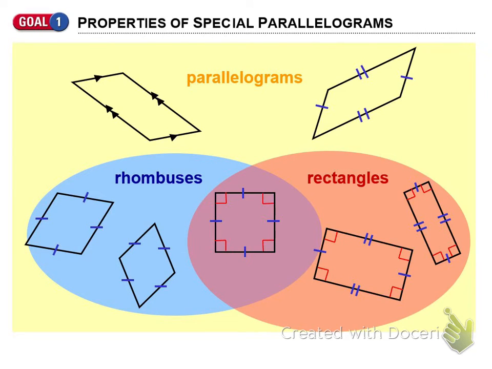Rectangles have all right angles. They have extra properties in addition to the original 4. And a square is both a rhombus and a rectangle. So whatever properties a rhombus has, a square has. Whatever properties a rectangle has, a square also has. Because a rhombus and a rectangle are like the mom and dad, and their baby is a square. So whatever properties a rhombus and rectangle have, a square also has.